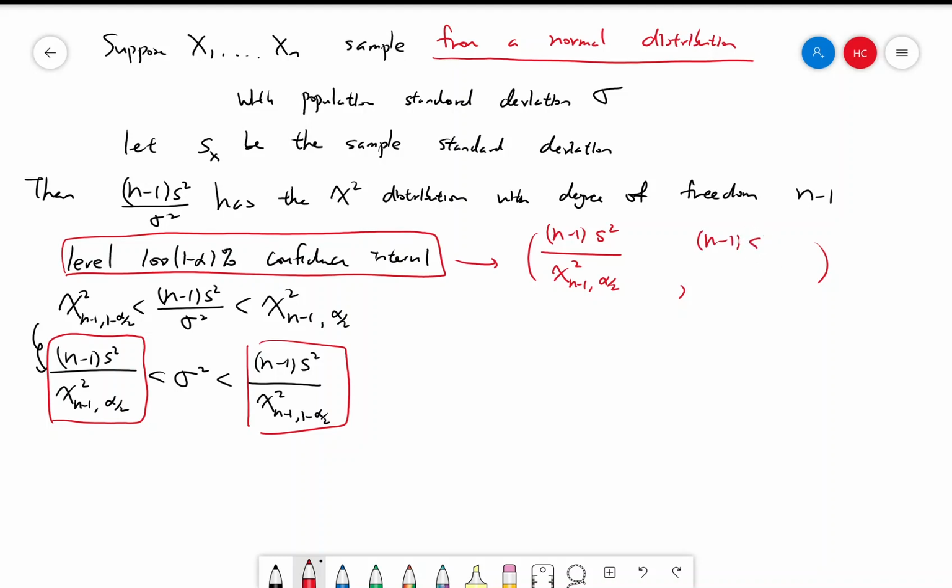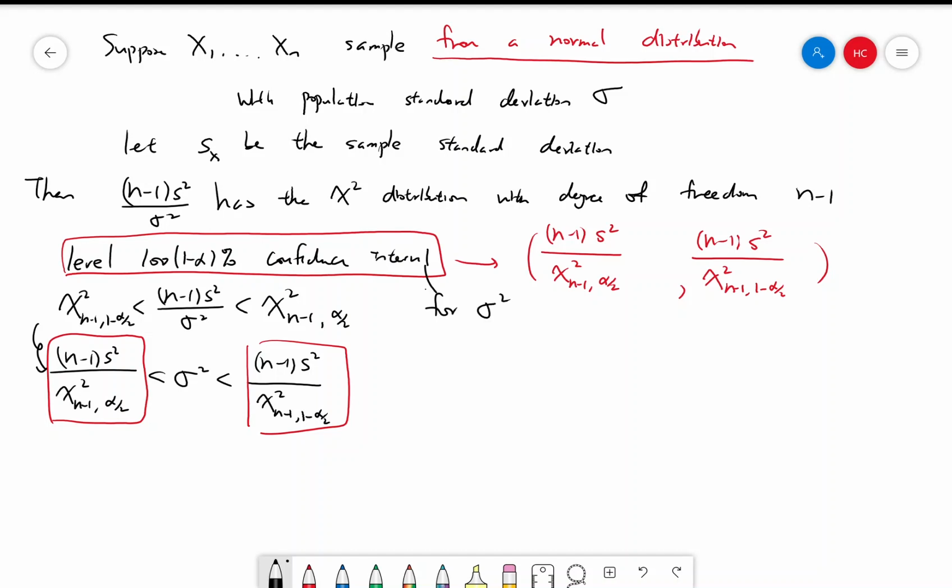This is the level 100 times 1 minus alpha percent confidence interval for sigma squared.